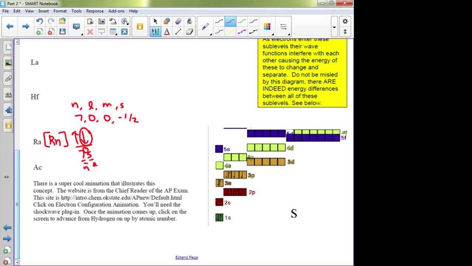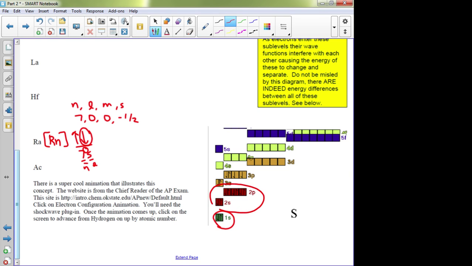All right. So keep in mind, because I don't want everybody to think that, like, 2p is not in the same energy level as 2s. It technically is when we talk about energy levels, okay? So here's energy level 1. It only has an s orbital, right? Here's energy level 2.